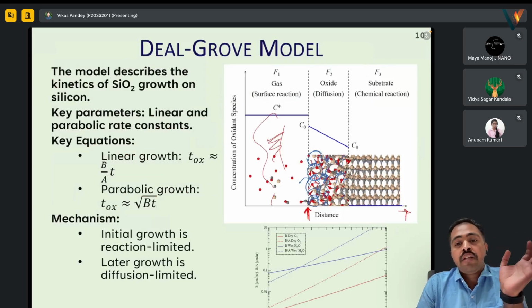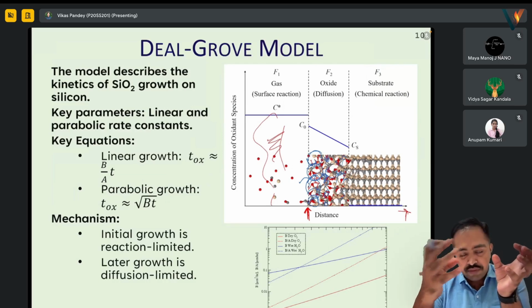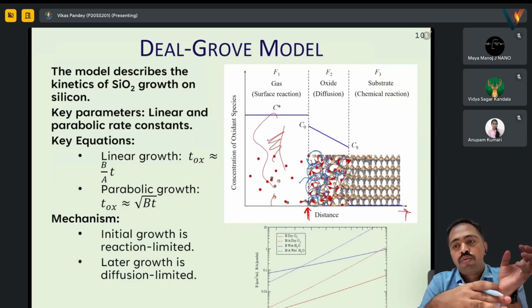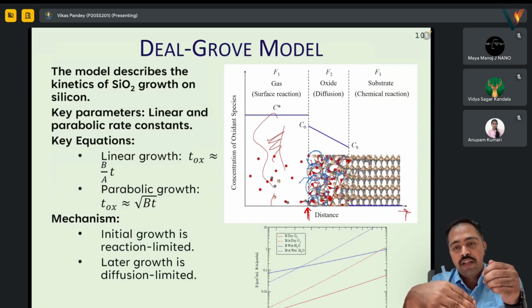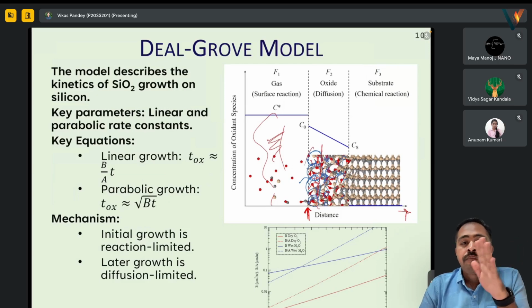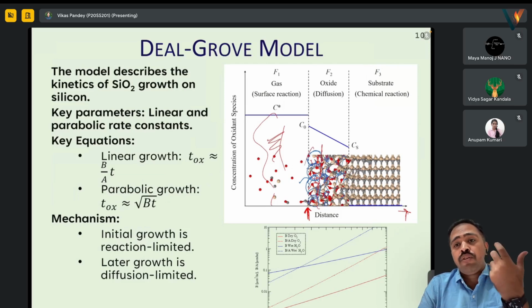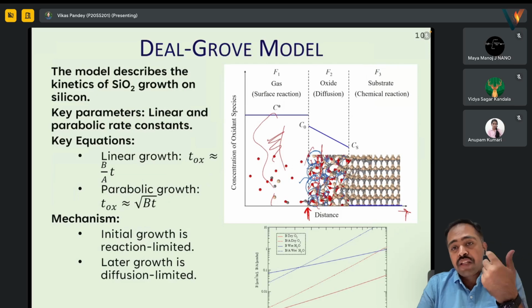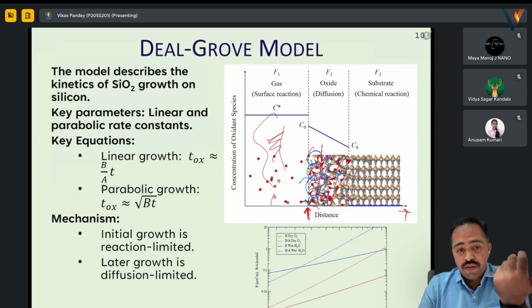That means how much of these species, oxygen or H2O, diffuse inside Si, not SiO2, because the top layer will become SiO2. That will define the rate of reaction, how fast it is working.